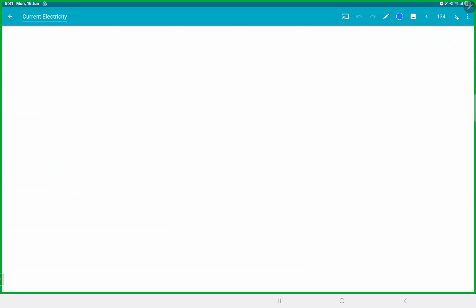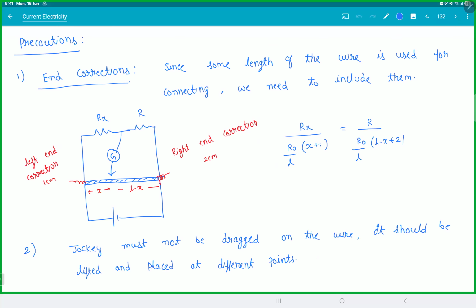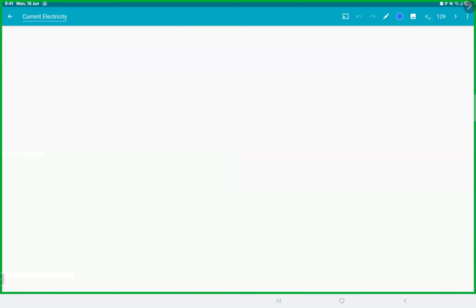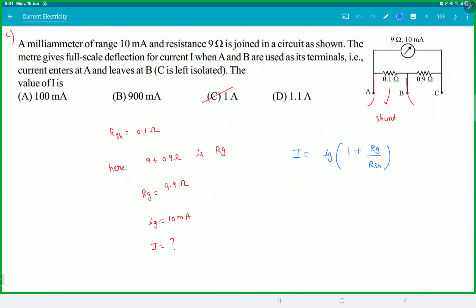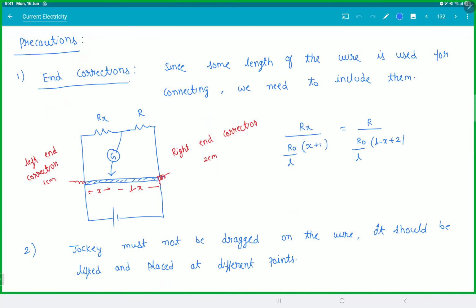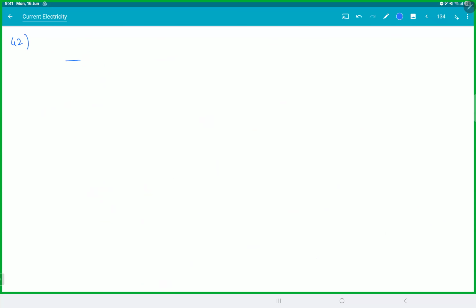Let's start off. So on this thing, there's really not much, but let's see a question. Let's say we have 2 ohms, we have 4 ohms.